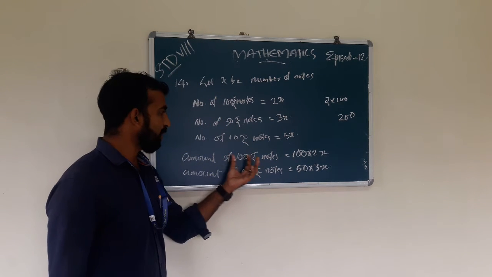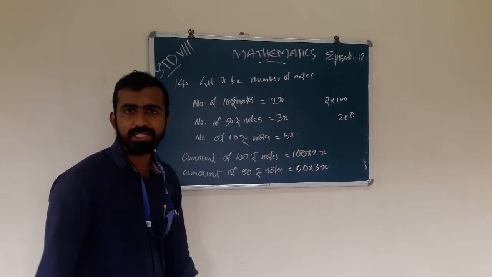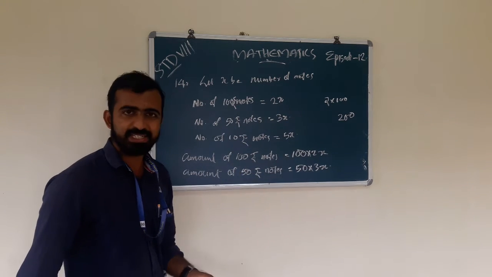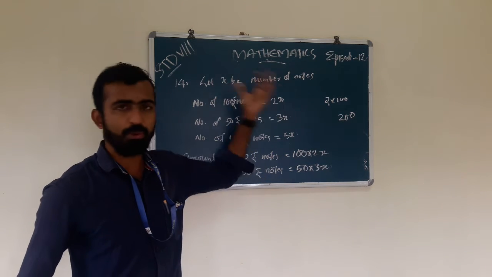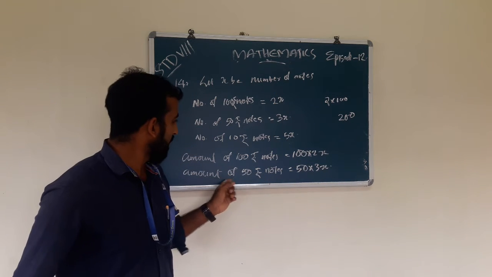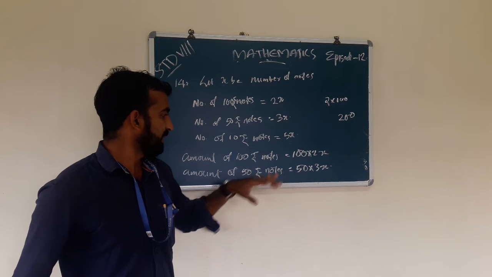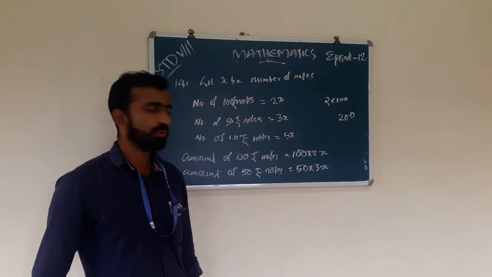Like that, the amount of 100 rupee notes: here 2x is the number of notes, so the amount is 100 into 2x, that is 100 into the number of notes. Next, the amount of 50 rupee notes is 50 into 3x.